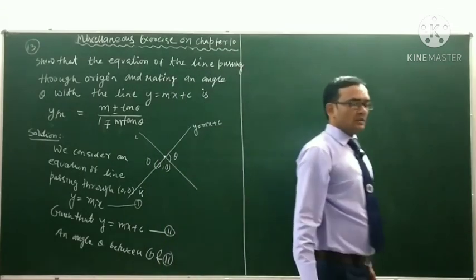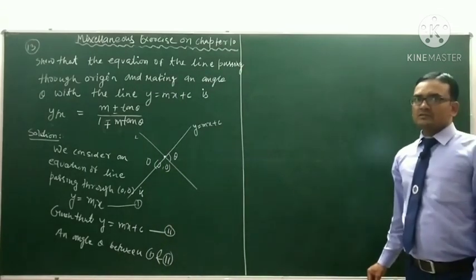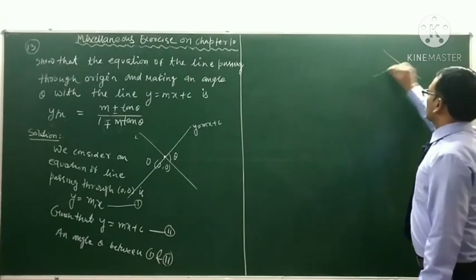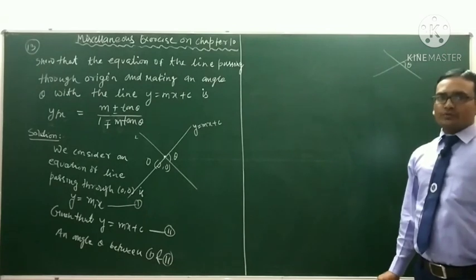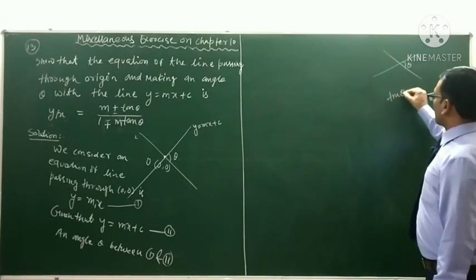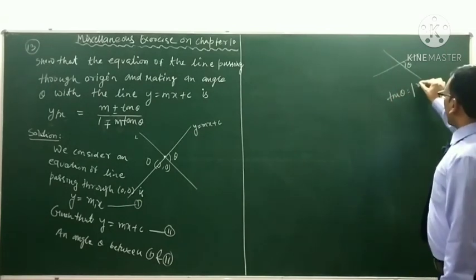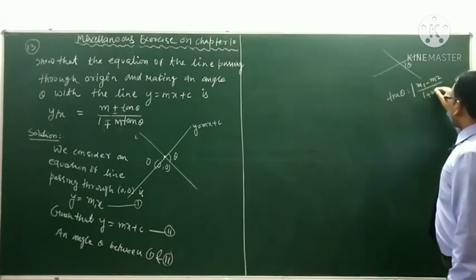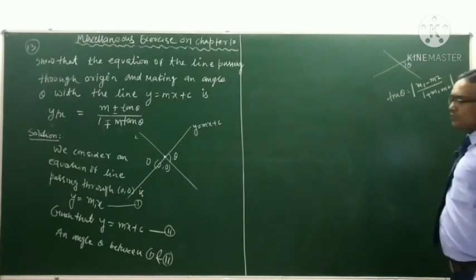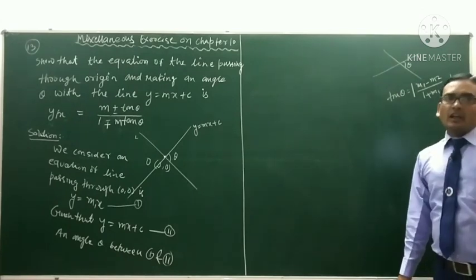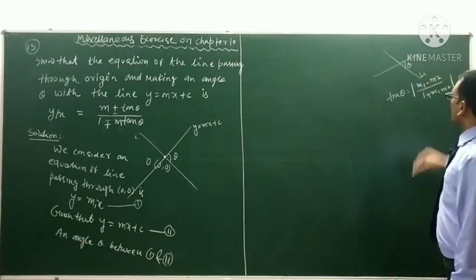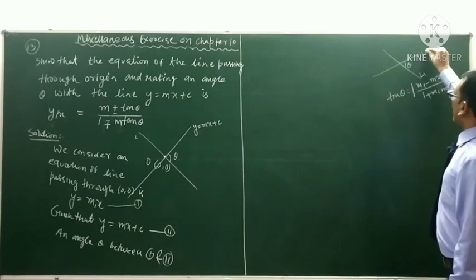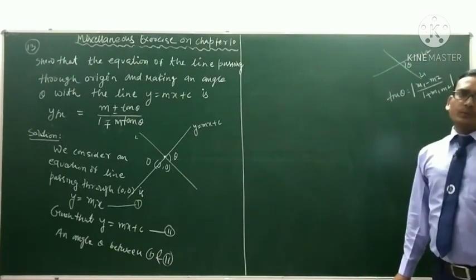we have already discussed the angle between two lines in terms of their slopes. Tan theta equal to mod of m1 minus m2 upon 1 plus m1 into m2, where m1 is the slope of the line L1 and m2 is the slope of line L2.